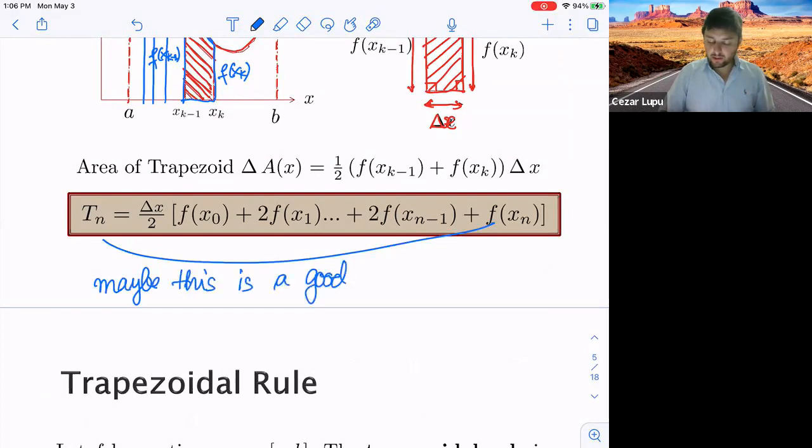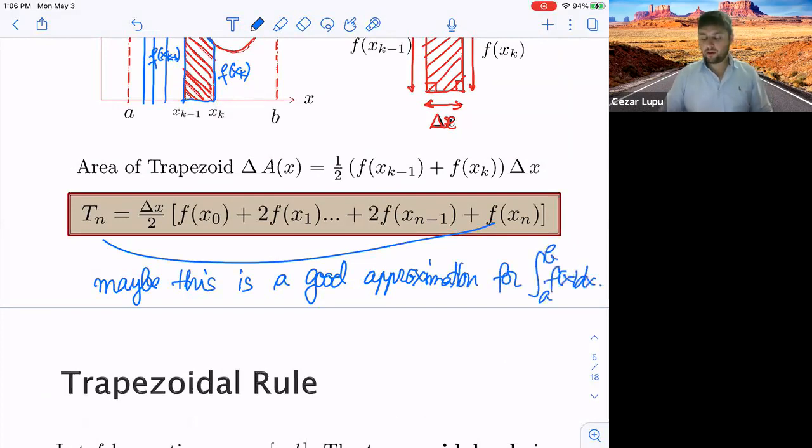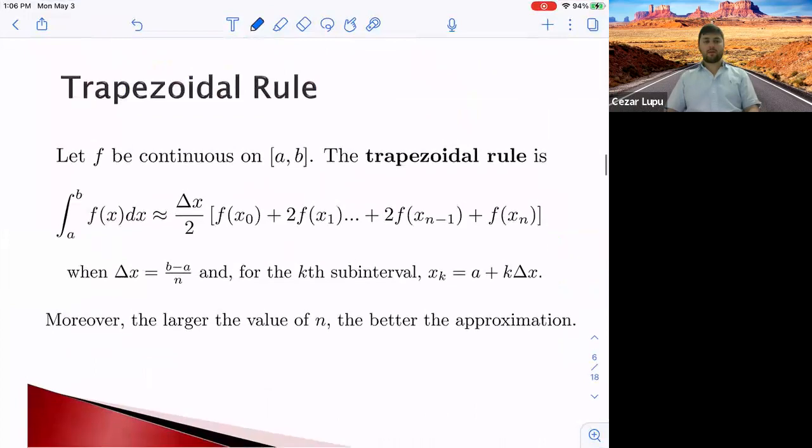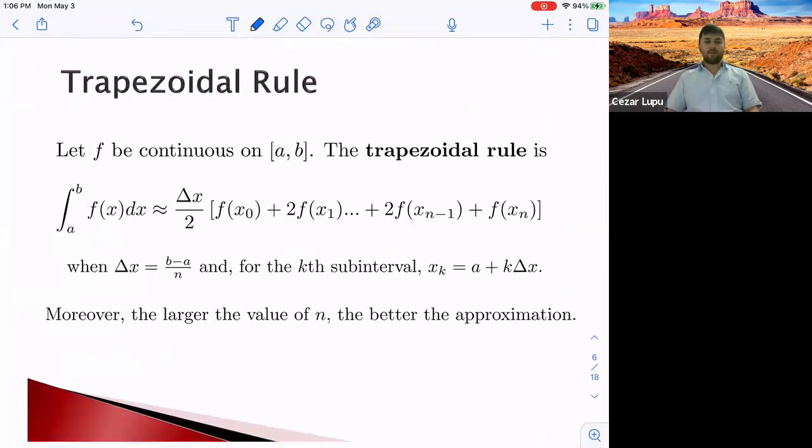This is a good approximation for the integral from a to b of f of x dx, since the integral is the area under the graph. Well, and now let me just say directly, this will be summed up in this amazing rule, which is called the trapezoidal rule. And basically it tells you the following.